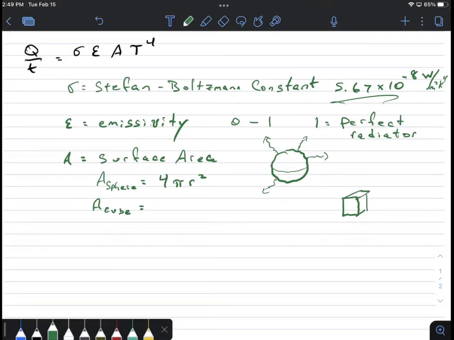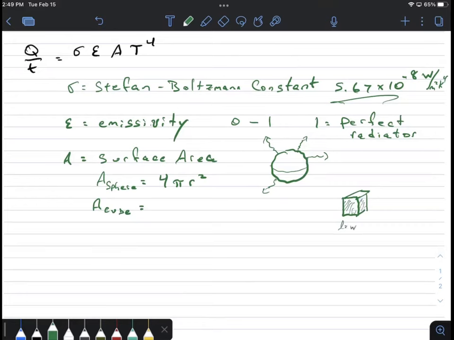All I care about, I don't want the volume of a cube, which would be length times width times height. What I want is a surface area. And so what I do is I look at what's the area of this face I can see, and that's length times width. And then what's the area of this face?